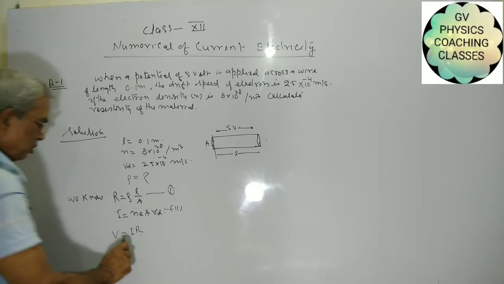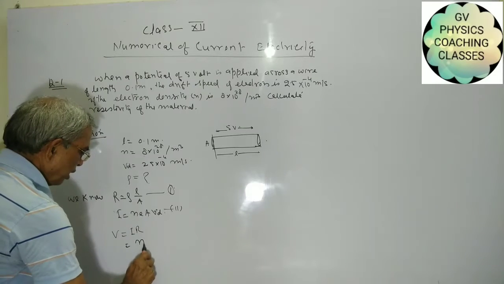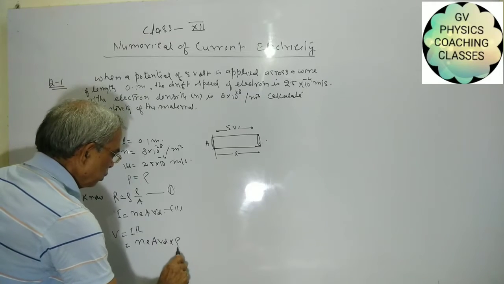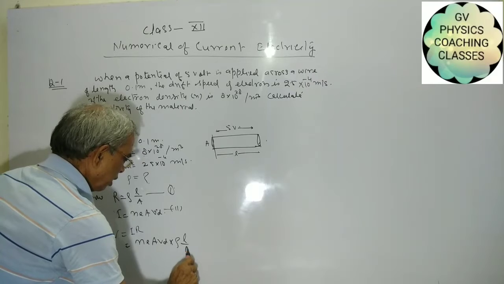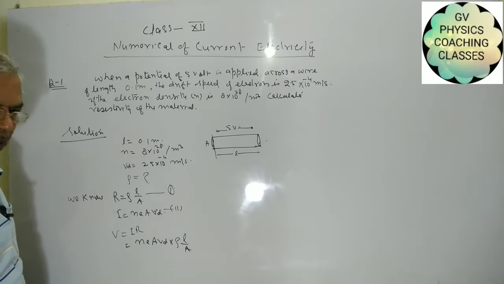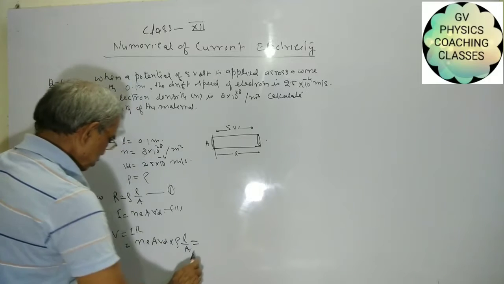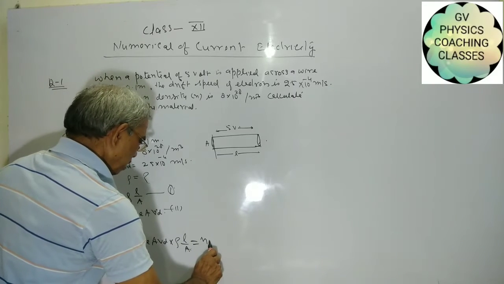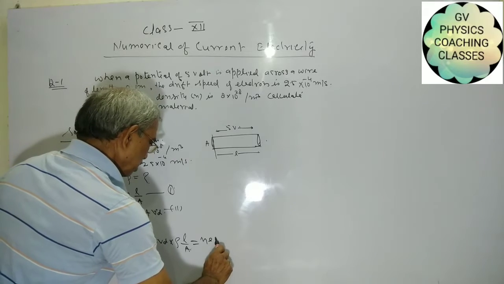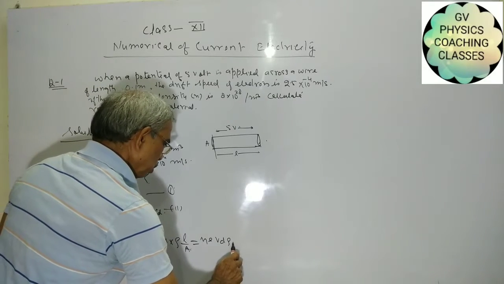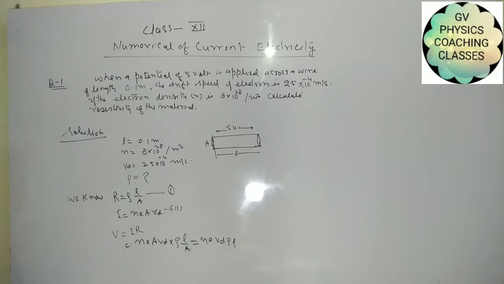Here R is this one and I is this one, and V is given there. Put these values: I equal to nAeVd into rho L upon A. This A is cancelled out. Remaining values: nAeVd into rho L. We have to find this rho.